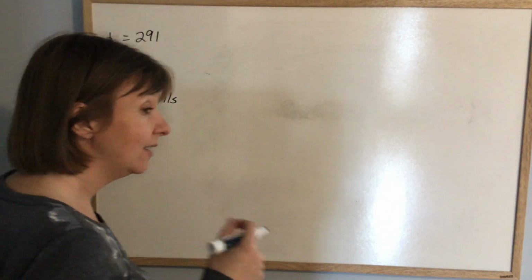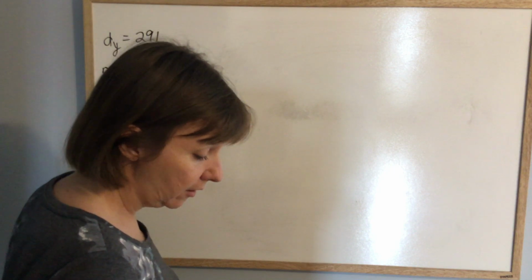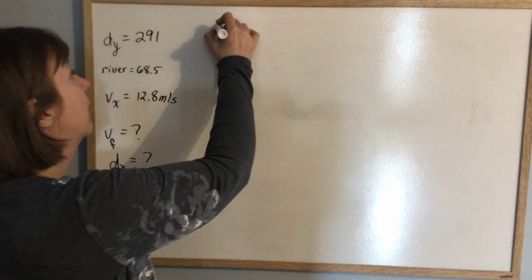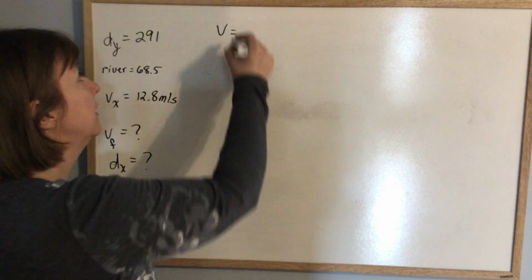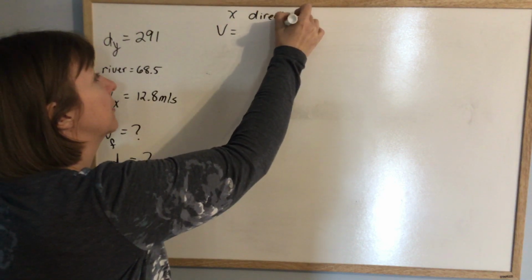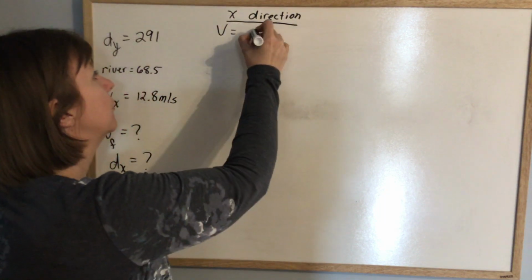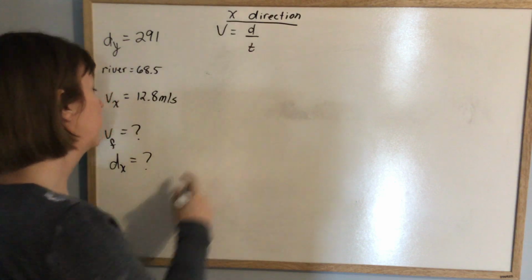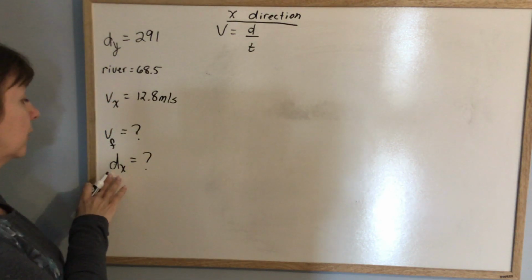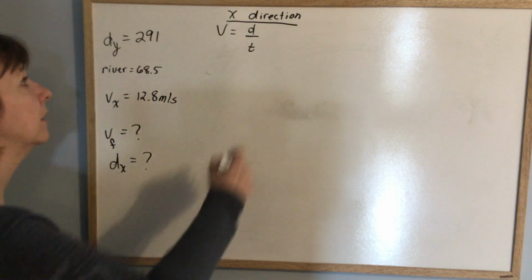Your velocity is constant. So in the x direction, horizontally, your velocity is equal to your displacement over your time. And remember, I'm looking for my displacement in the x direction. I'm looking for dx, right?